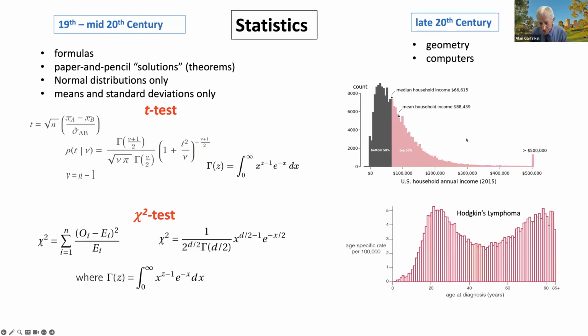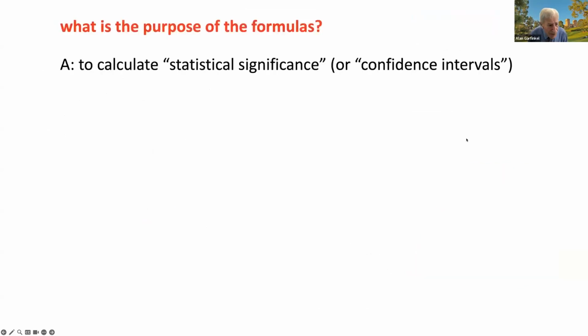They violate the assumptions. So what was the purpose of the formulas? The purpose of the formulas was to calculate something called statistical significance, or to calculate something called confidence intervals. In this short talk, I'm only going to talk about statistical significance, but everything I'm saying is also true of confidence intervals.